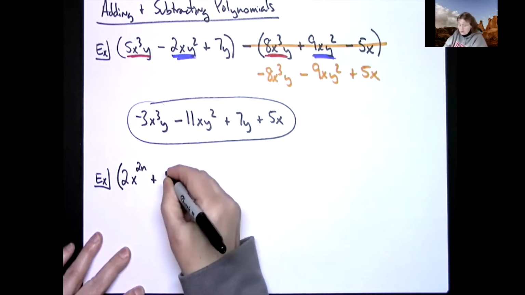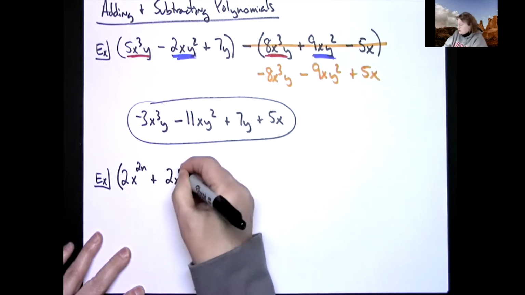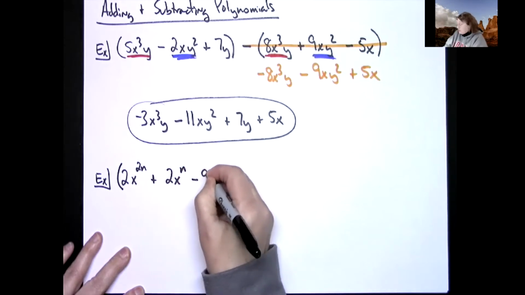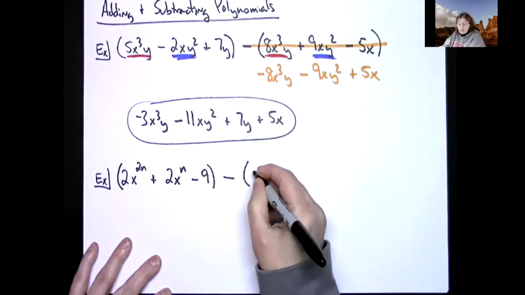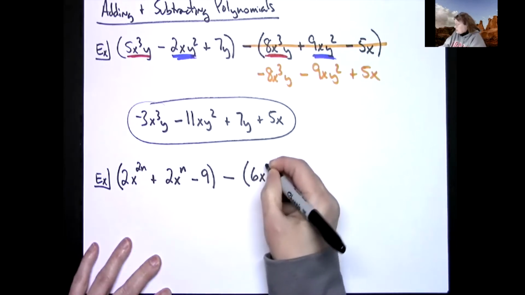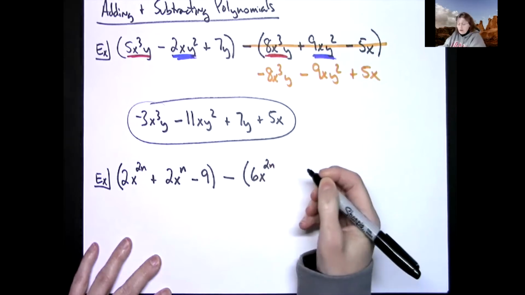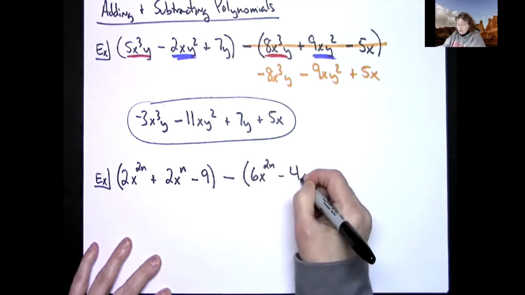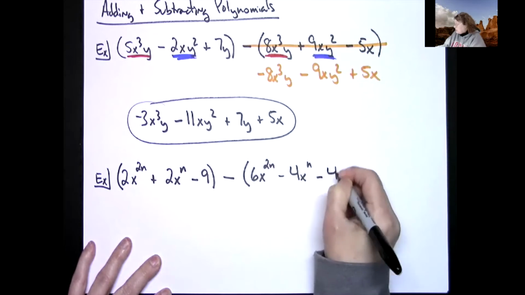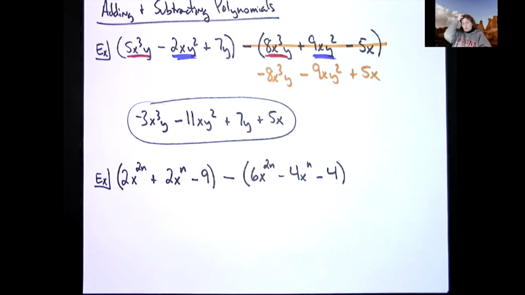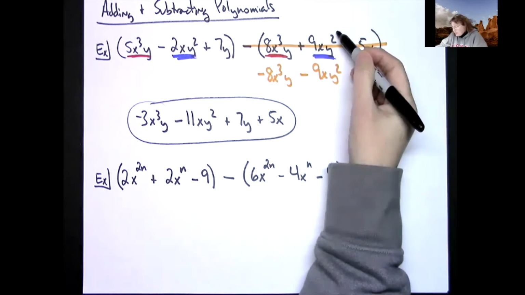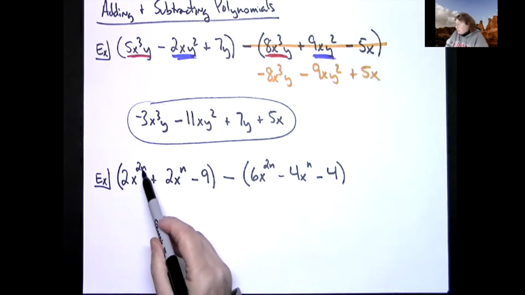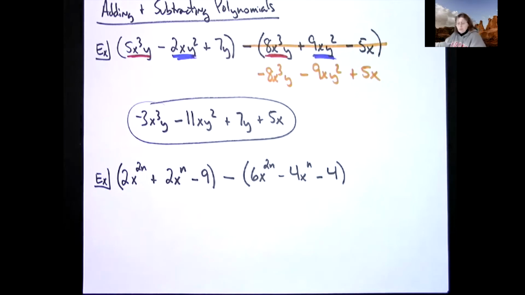Plus 2x to the n, and then maybe a minus 9. Let's do another subtraction: 6x raised to the 2n minus 4x to the n, and then minus 4. That just looks a little bit different. Instead of numbers as exponents, there are some variables up there. It does not change the problem at all.